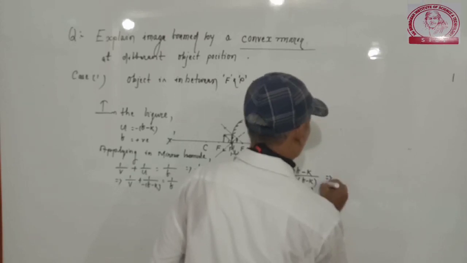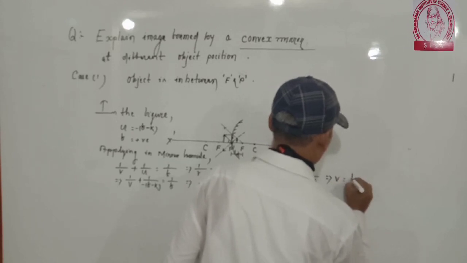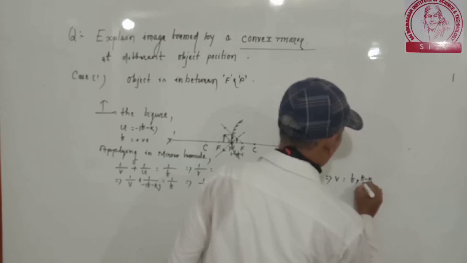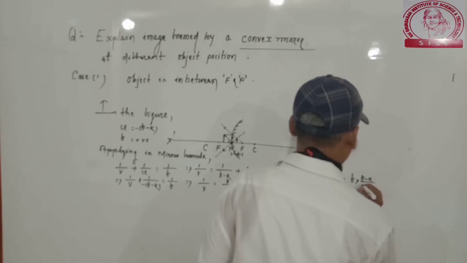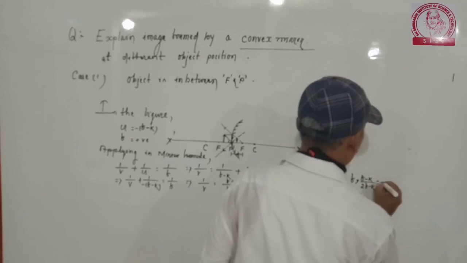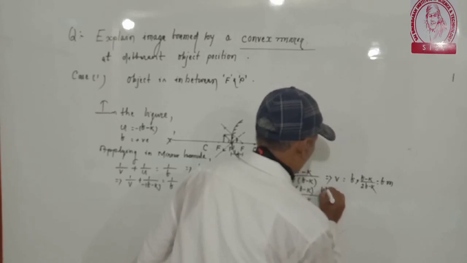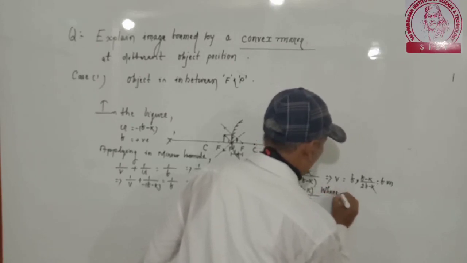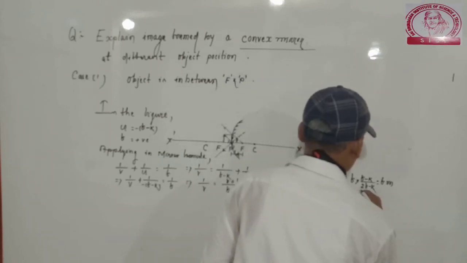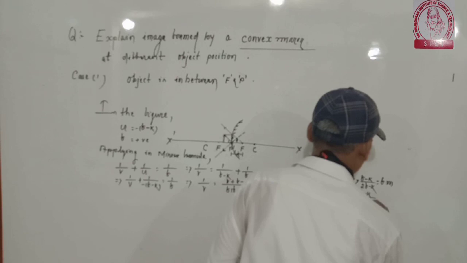Implies v is equal to f into (f minus k) whole divided by (2f minus k), which is equal to f into m, where m is equal to (f minus k) divided by (2f minus k).